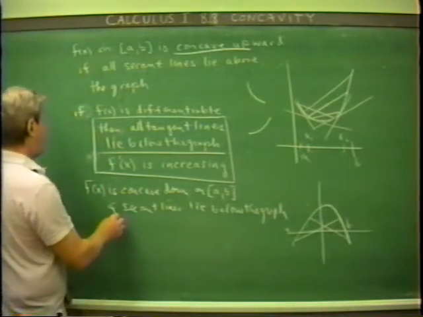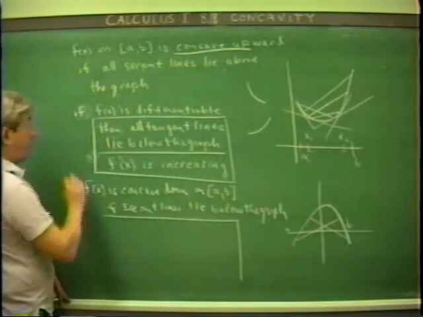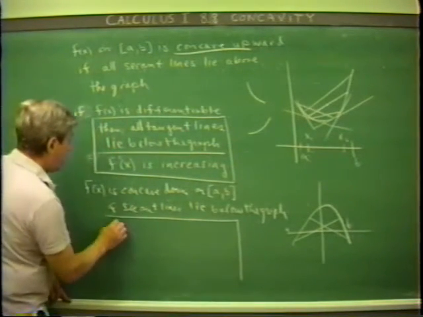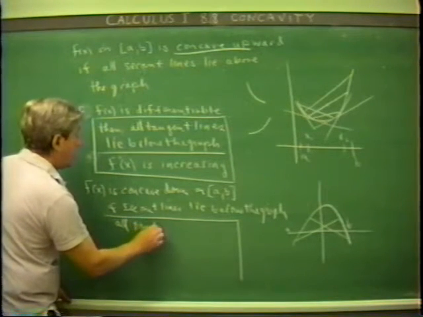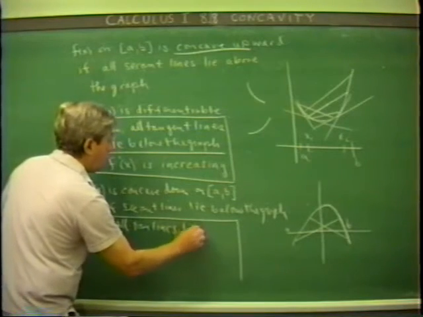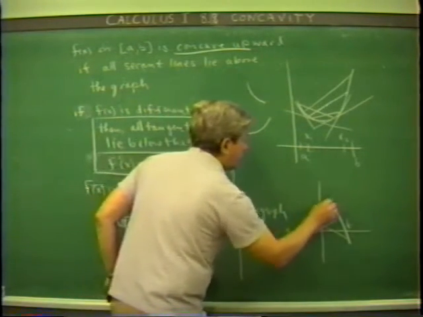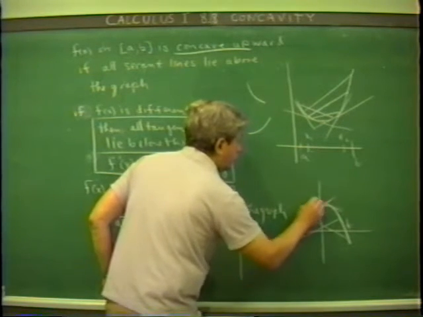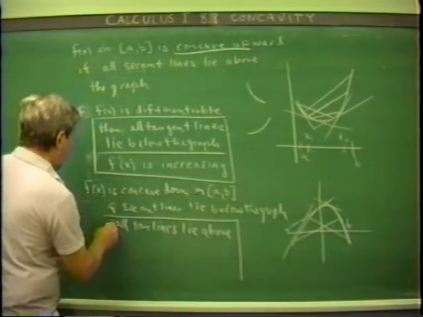And you might guess, of course, that if a function is concave down, then the negative of the function is concave up. And also that this is going to hold, analogous to this, if f is differentiable, all tangent lines must lie above. So the tangent lines must lie above the graph like so.